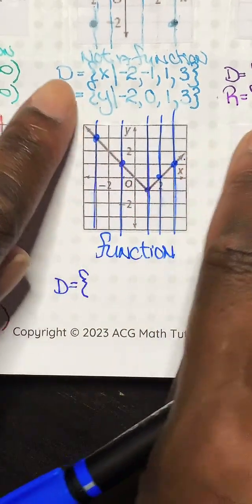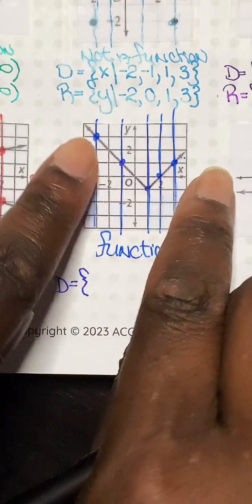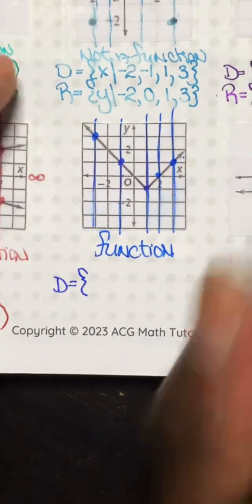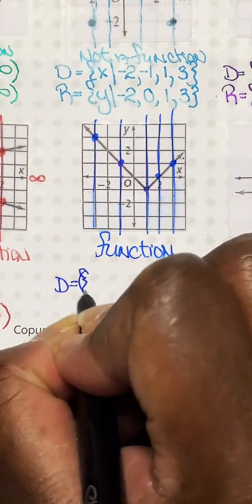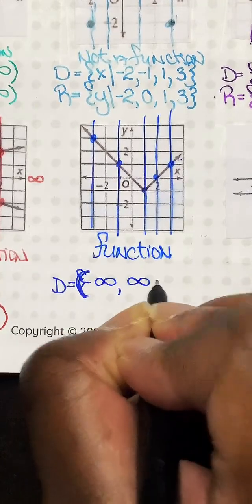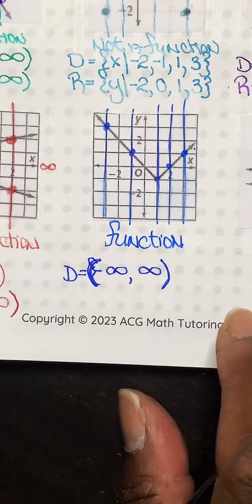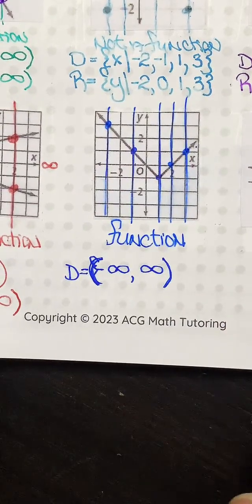That means it's going to keep going all the way up and out. Since we're looking at my domain, it's my x's. So my x's are going to keep going, keep going, all the way from parenthesis, negative infinity, to positive infinity.